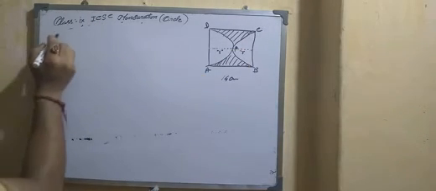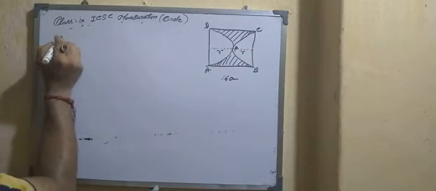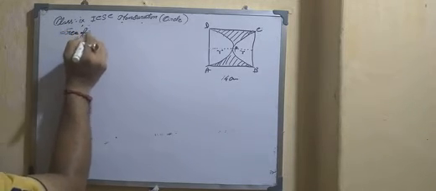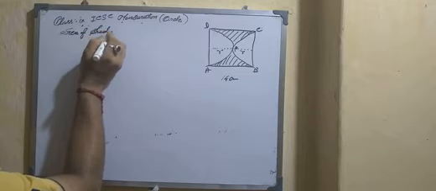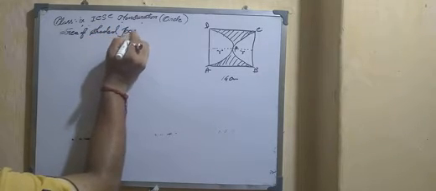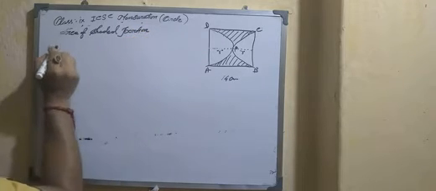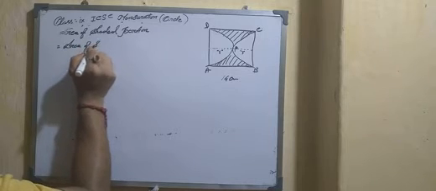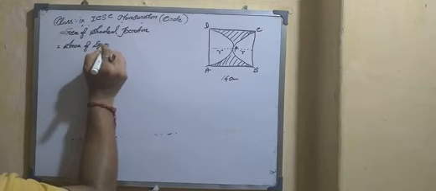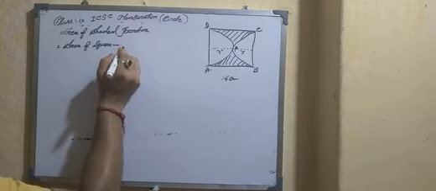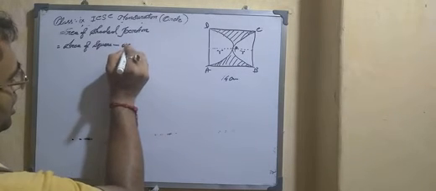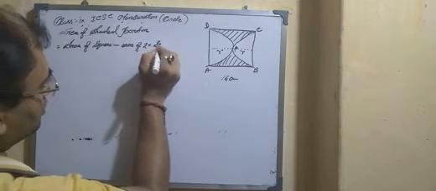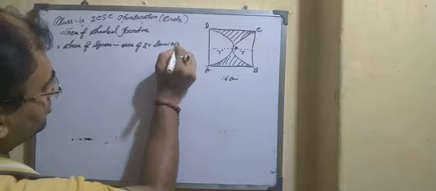Okay, area of shaded portion equal to area of square minus area of 2 into semicircle.